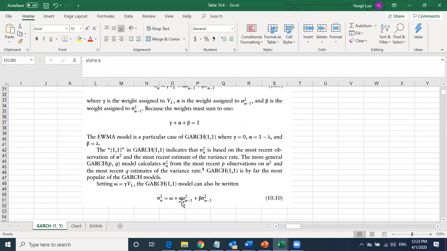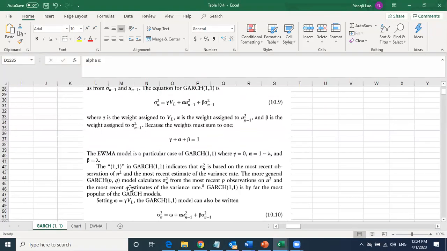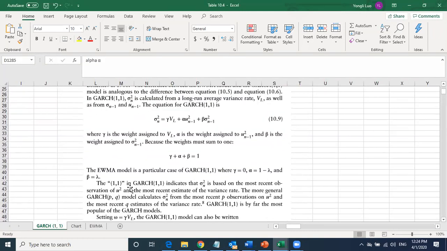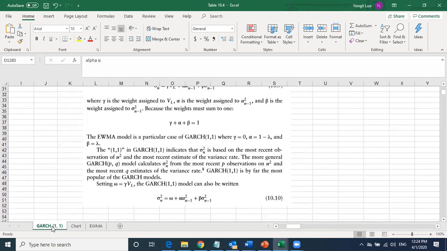So between alpha and beta, the beta gives a heavier weight to the previous day's variance, and the alpha is lower, giving a lower weight to the previous day's return. So what is omega? Omega is the gamma times the long run variance. Basically, that's how we interpret the result and why we do that.